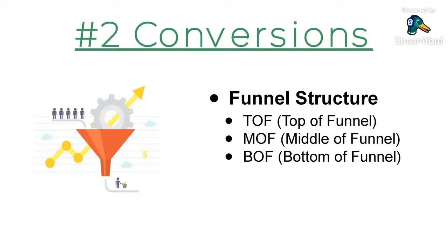Or have they initiated the process of buying from you but didn't complete it? How do you get them back? You can't use the same message for people at the bottom of your funnel as for people at the top of the funnel. So you must understand what level this person is at in the journey.